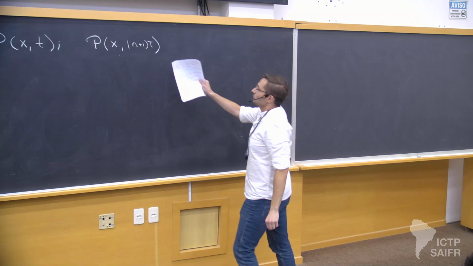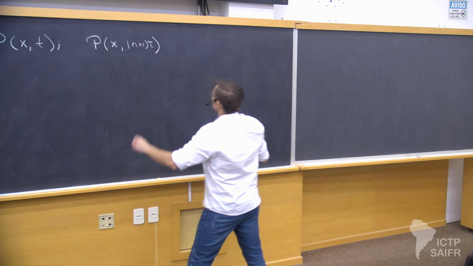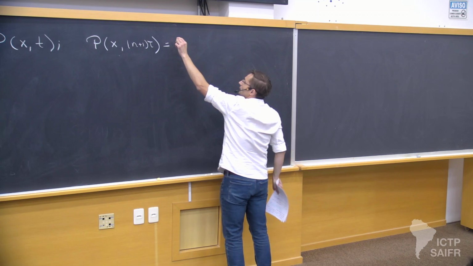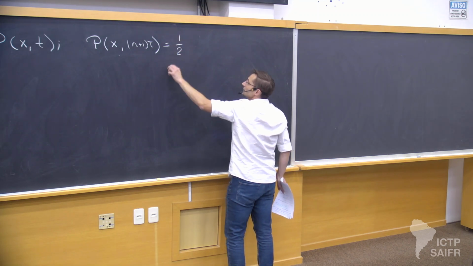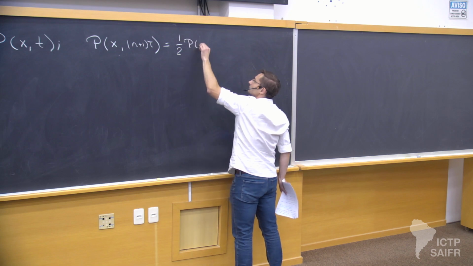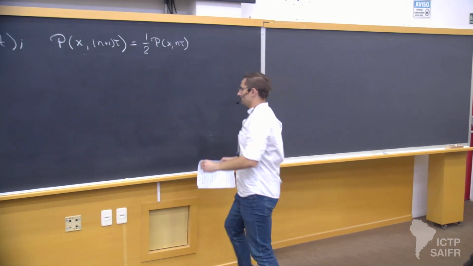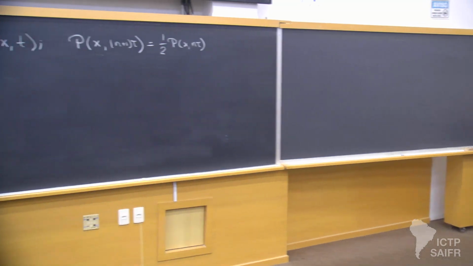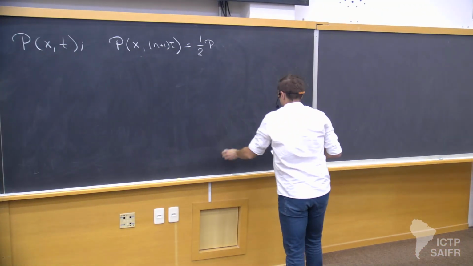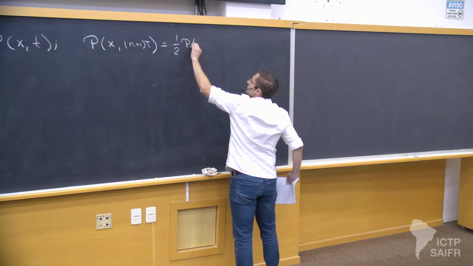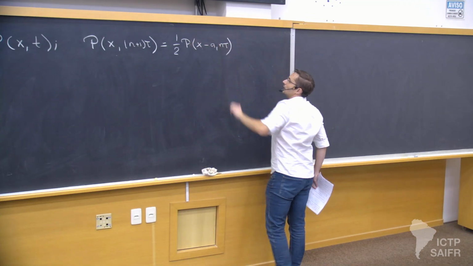The probability that the particle can get to this node x from its two neighbors. So one possibility is that at time n times tau, the particle was on the left, and then jumped to the right.